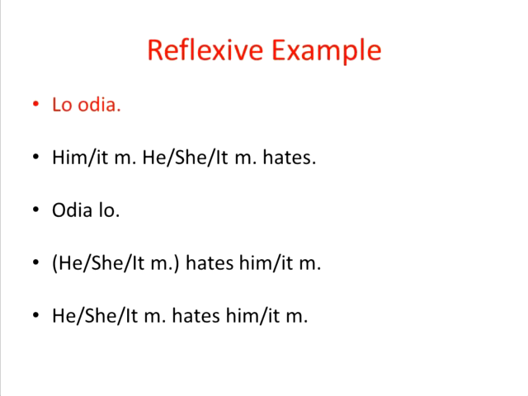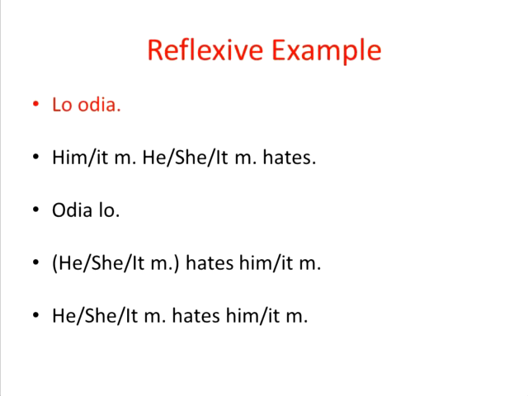So, to make this a little less confusing, because lo can mean three different things, I'll break it down saying the three sentences separately so that you can hear what it'll sound like alone without all the slashes. Lo odia can mean he hates him.